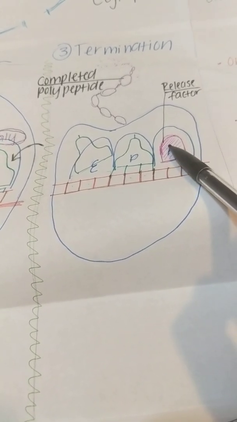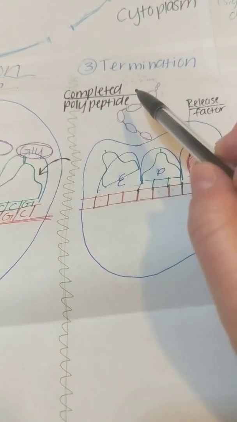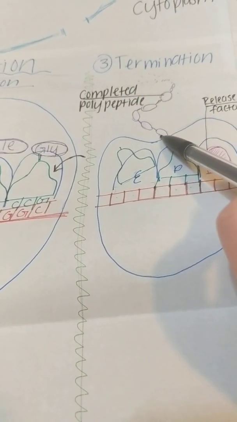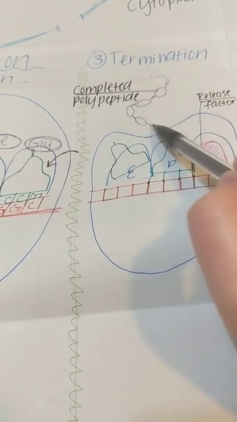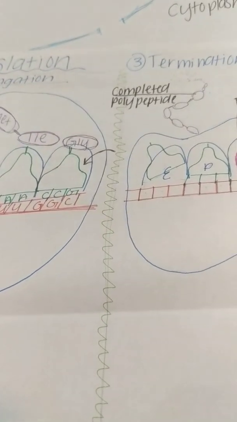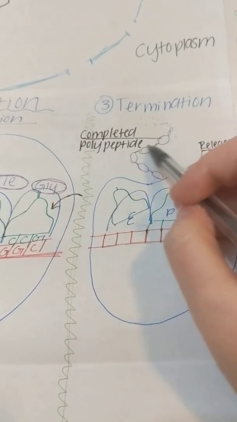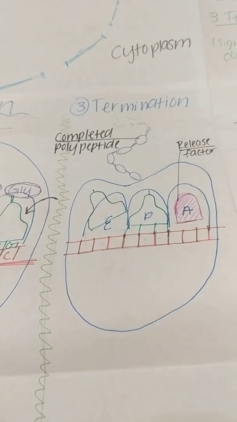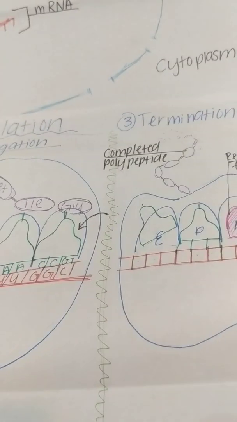And once that release factor hits the A site, the P site will release this polypeptide chain, which is these amino acids being chained together via peptide bonds. And the result of translation is this polypeptide that has to be further folded and modified in post-translational modification.